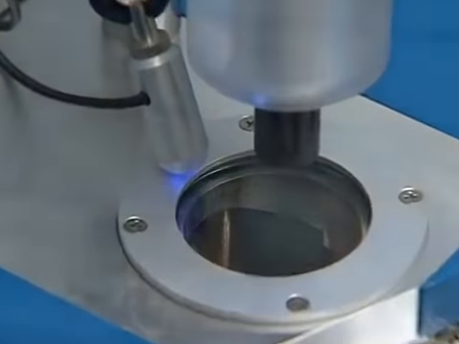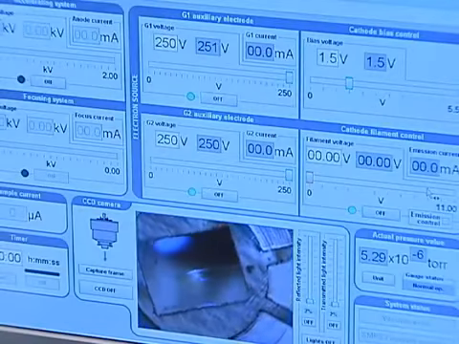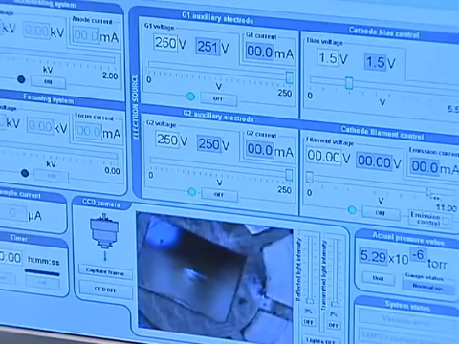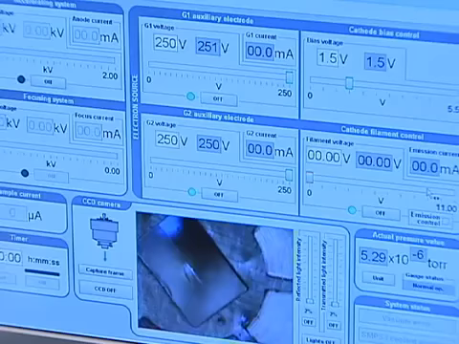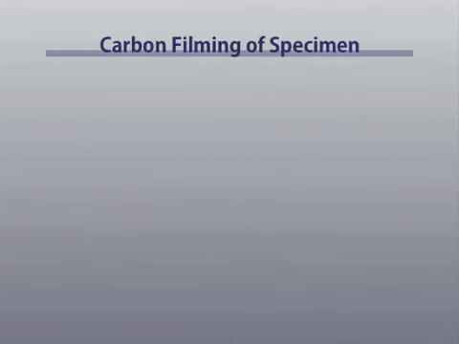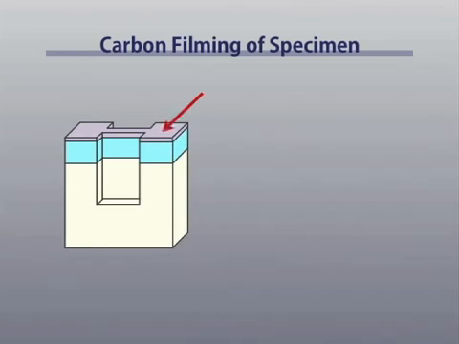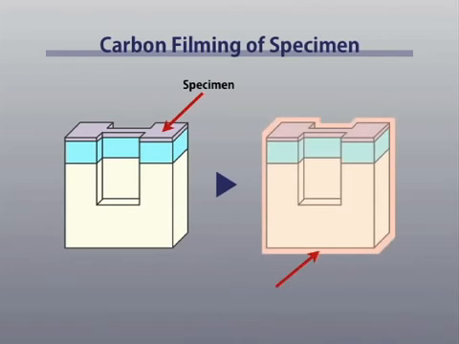But how? As mentioned several times, specimen must be very thin. As soon as it is melted, it becomes round and thick due to surface tension, eventually being too thick of a specimen for electron microscopy. One way to prevent this is to cover the specimen totally with a strong film such as carbon. If the carbon film is too thin, it cannot keep the shape of thin liquid foil after melting.